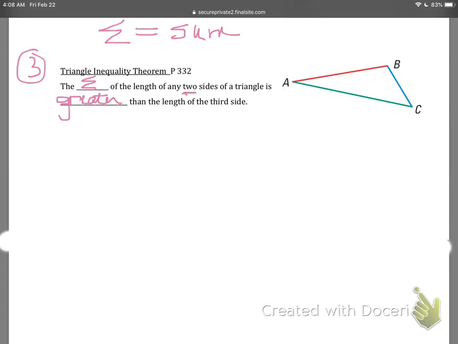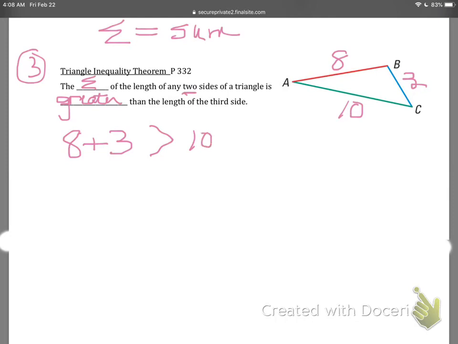So let me give these side lengths some measurements. Let's make this an 8, we'll make this a 3, and this a 10, and we'll check this theorem out. Any two added together: let me add the 8 and the 3, and that has to be greater than 10.